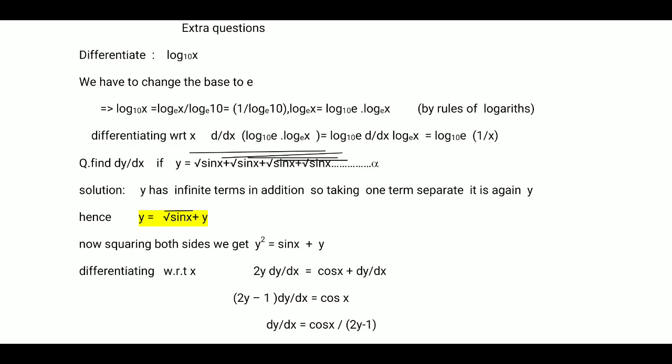If we subtract one term from infinity, we still have infinity. So the expression under the first root, sin x plus under root sin x and so on up to infinity, is again y. So y is equal to under root sin x plus y.